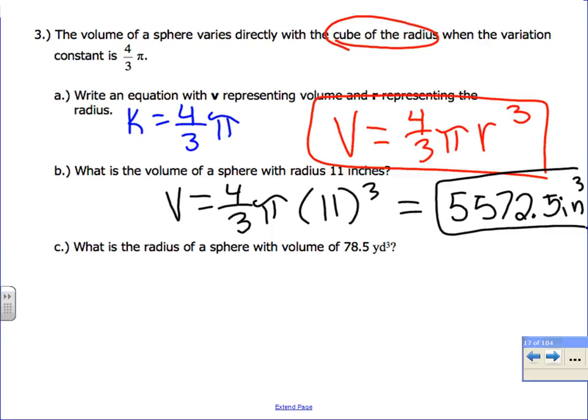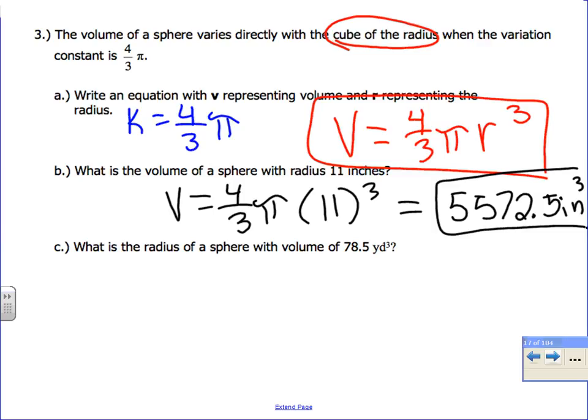Hey guys, listen. 5,572.5 inches squared. Let me go through it step by step. First thing I did was cube 11. 11 cubed is 1,331.